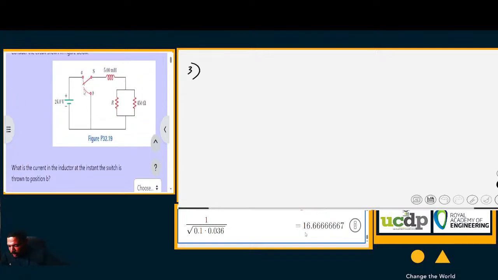Okay. First, let's work out the time constant. The time constant is equal to the inductance of that circuit divided by the equivalent resistance. That means basically the total resistance of that circuit.